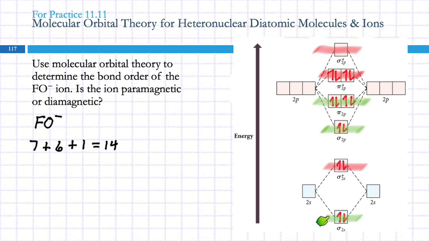So in the bonding orbitals, how many electrons are there? There's 8. And how many anti-bonding? 6. Divided by 2. So 8 minus 6 is 2 divided by 2. So this has a bond order of 1.